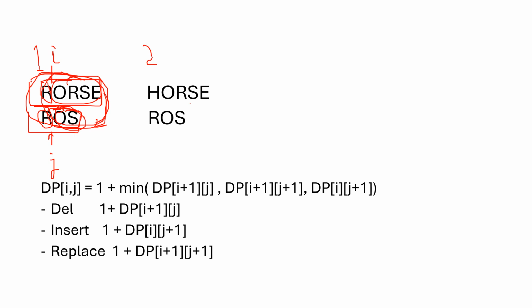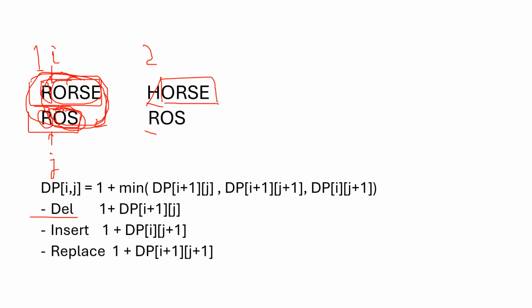If we have a different character, like here, H and R, they are different, then in order to get our subproblem, we need to differentiate what operation we choose. If we choose a delete operation, that means we're going to delete this H, and after that, in string 1, the left string will be here.